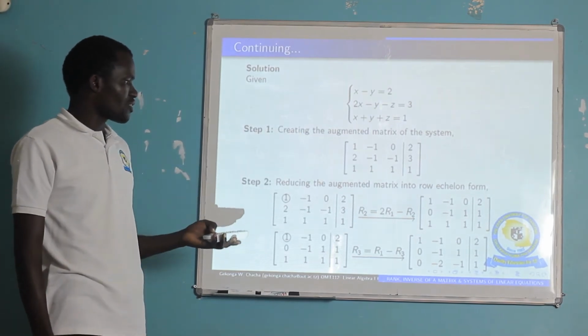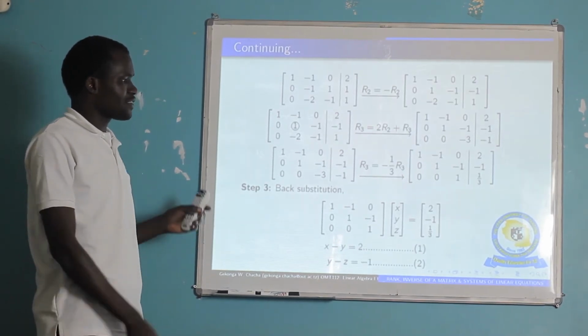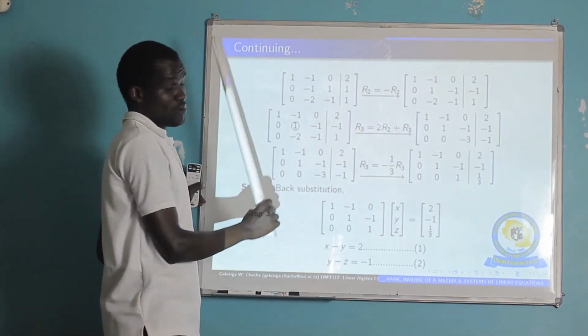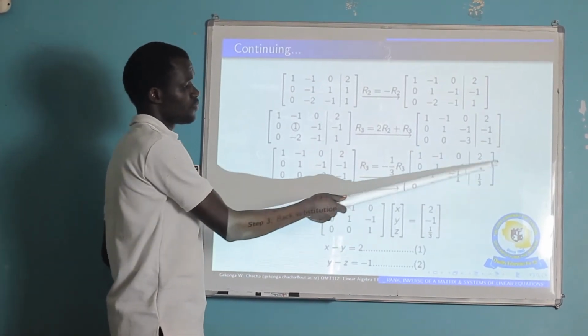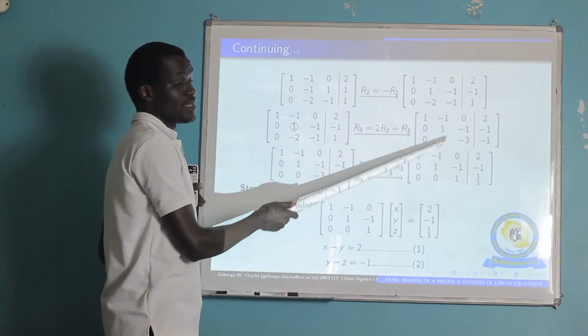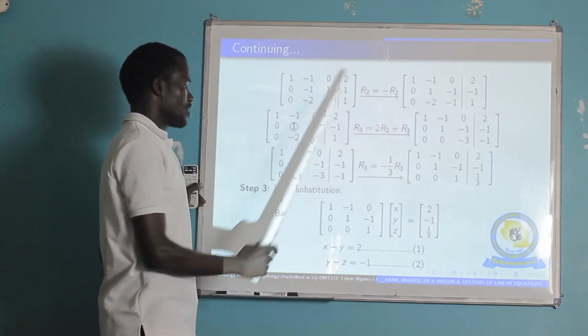So we also reduce this one into row echelon form. Remember that when we are reducing this matrix, we simultaneously reduce this vector, and we get this one here.